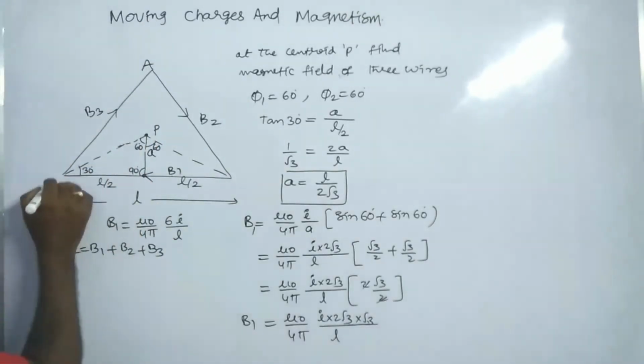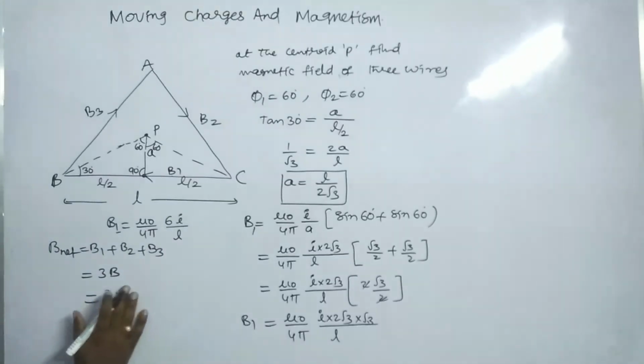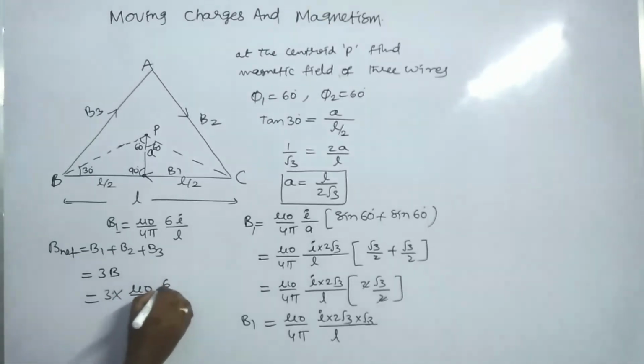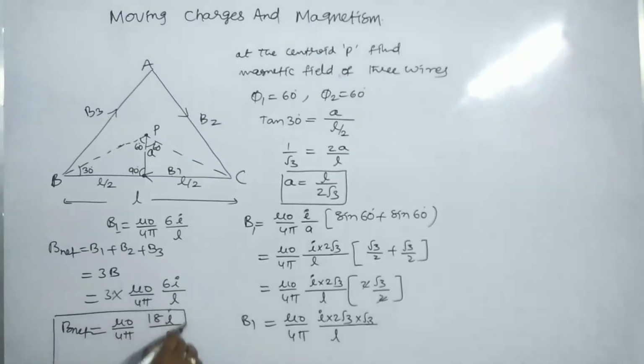Okay, so this is the equilateral triangle ABC. So it is 3 into B. Here, 3 into mu naught by 4 pi, 6I by L, which is mu naught by 4 pi, 18I by L. So this is the net magnetic field due to the equilateral triangle.